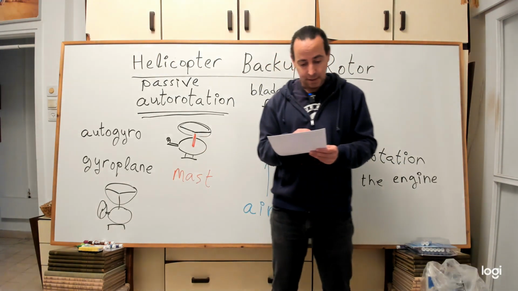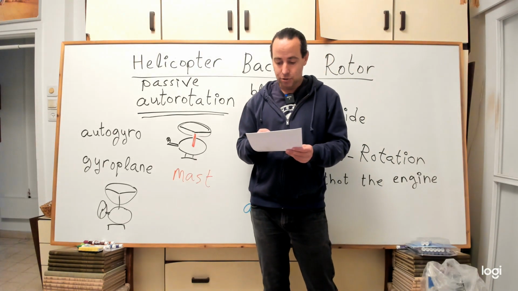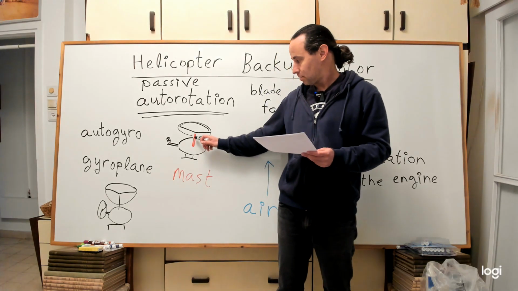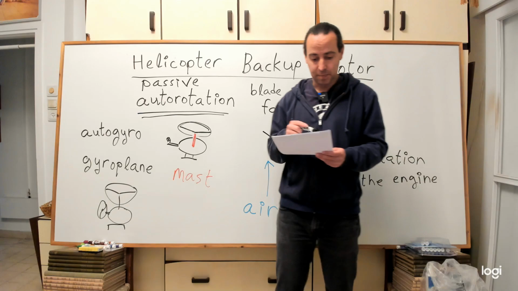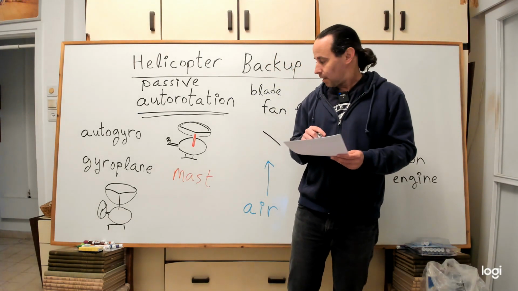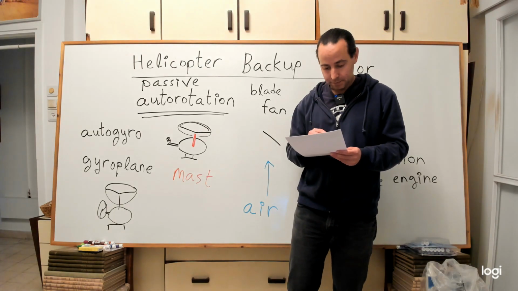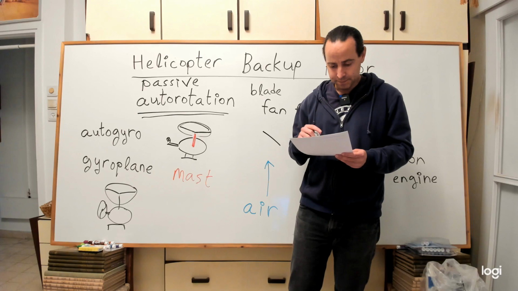And of course this can happen not just by accident, but also by somebody shooting on this weak spot. Okay, this is a vulnerability of a helicopter. The mast and the hub and the main rotor itself.